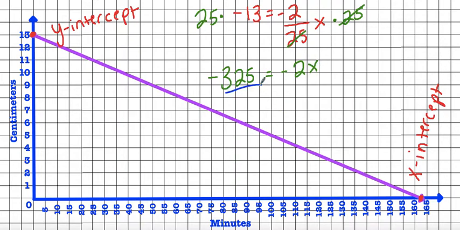Divide both sides by negative 2. And x is equal to 162.5 minutes because we're talking about x. So it takes 162 minutes and a half for the candle to completely burn.